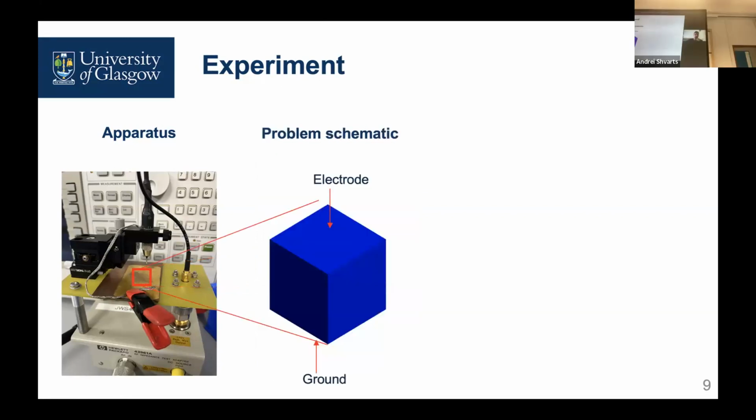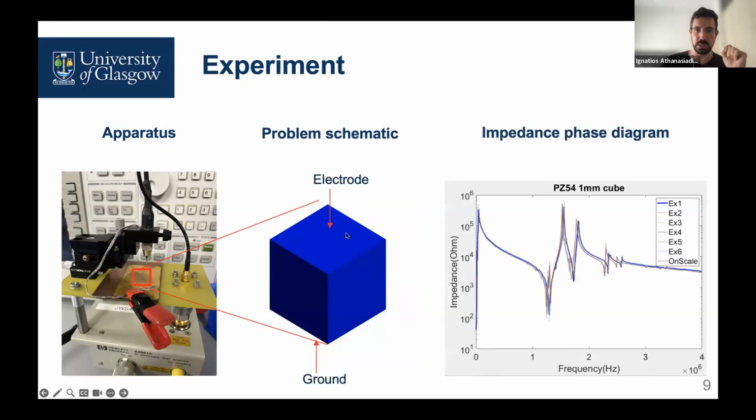And then this electrode gives a pulse in time, and the changes in the charge in time is measured on this surface. And from this, once we get the time history of these changes, and knowing also the time history of the changes of the potential, we can evaluate the impedance frequency diagram that you can see here.